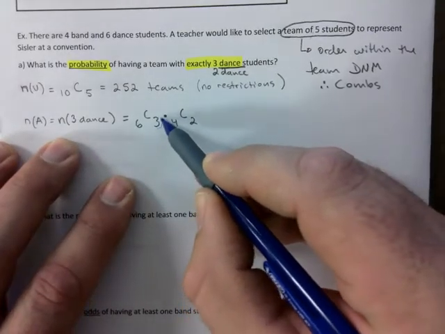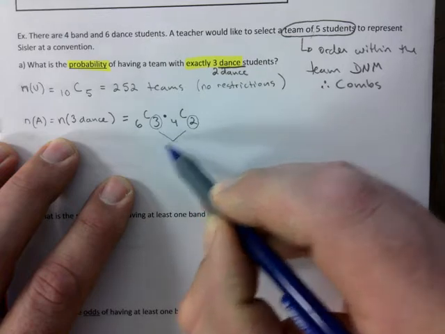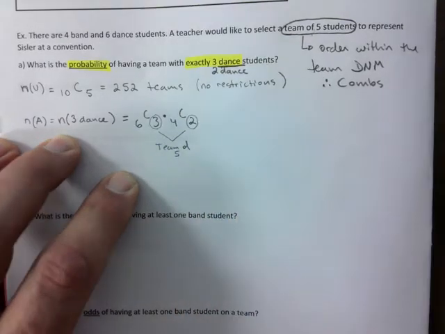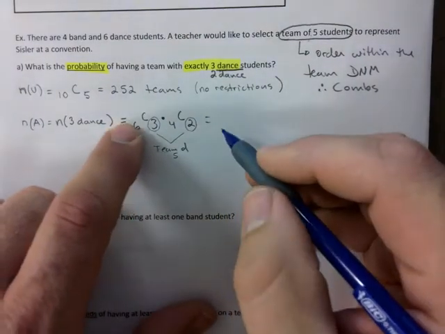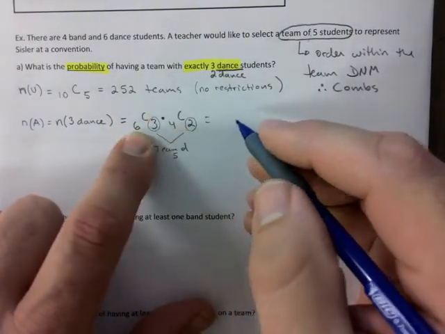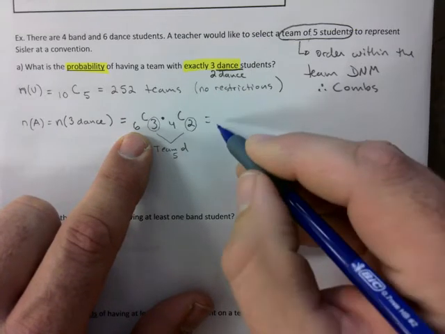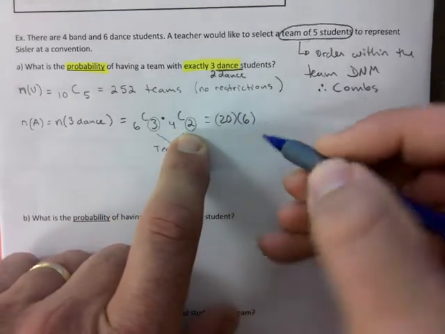And if you allow me to do this, that's still a team of 5. So let's go ahead and compute that. I think it goes without saying, you know how to type this in. You were really good at that. So I'm just going to give you what that is. 6 choose 3 is 20, and 4 choose 2 is 6. Question.